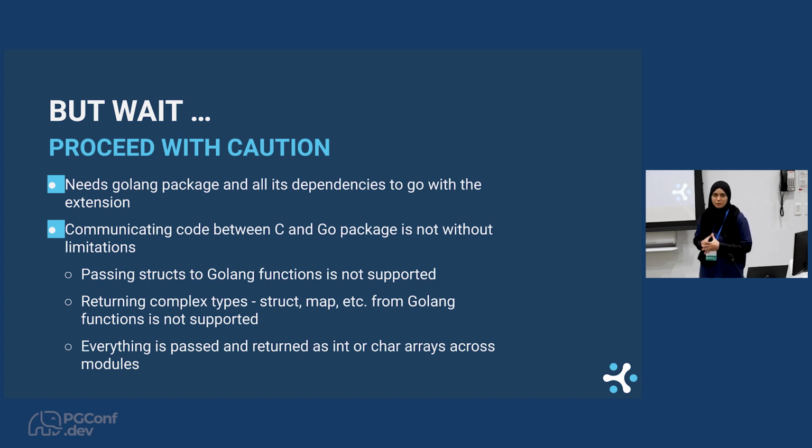Also, this communication between C and Go is not very unrestrictive, because all the fun of Golang is there, with all the fun data types and everything. You cannot really pass that directly to your C code, because C of course will not understand, even though there is some interface to do it.